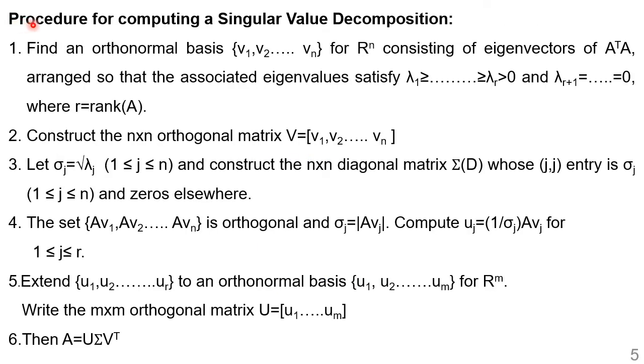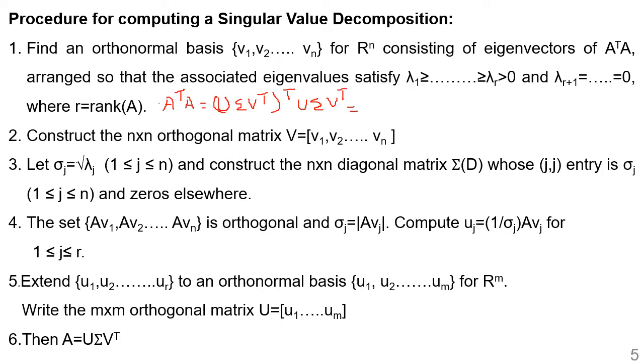Let us look into the procedure involved in computing a singular value decomposition. Let us consider A transpose A. A transpose A is given by U sigma V transpose, whole transpose, times U sigma V transpose.